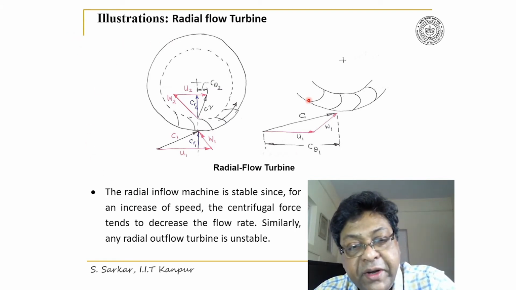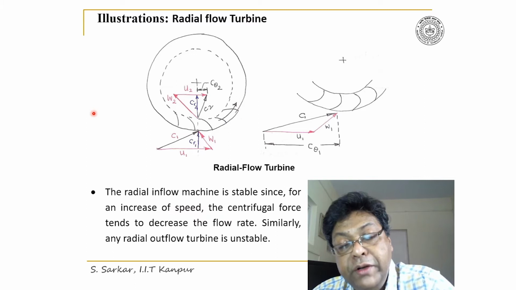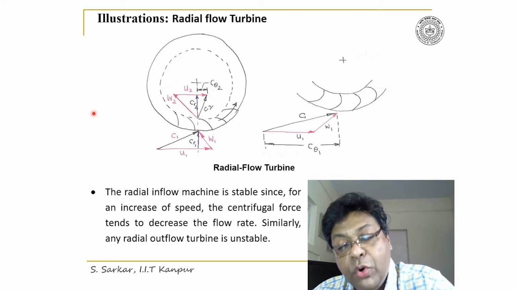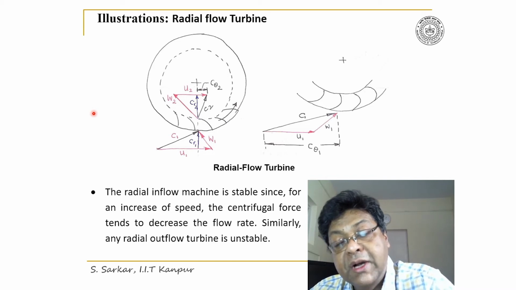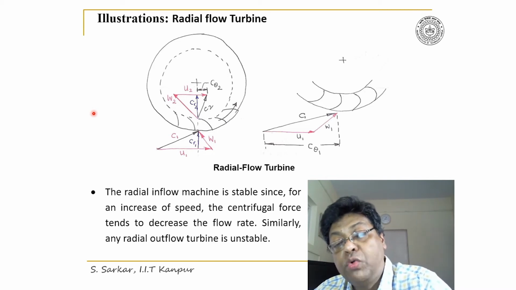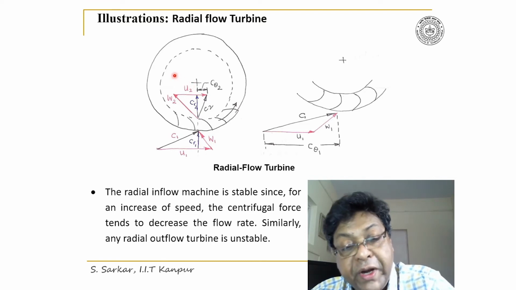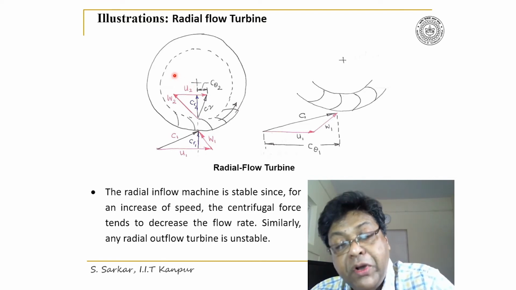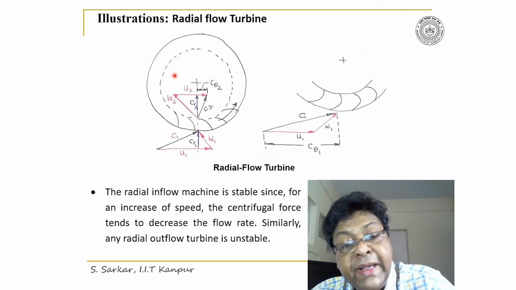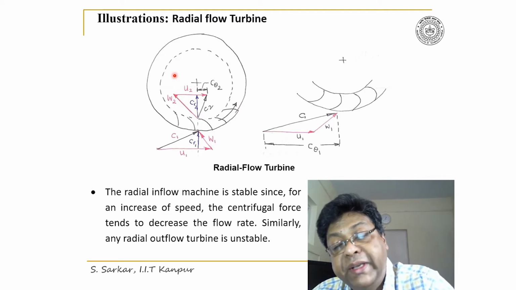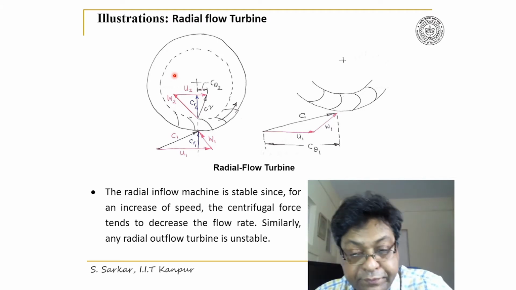I've sketched here a radial flow turbine which is inward flow. Please note that the compressor was outward flow, but a turbine is inward flow here because a radial flow machine, particularly a turbine which is inward flow, is stable.